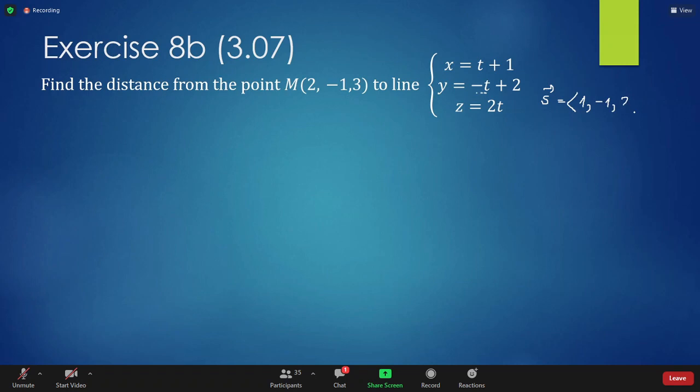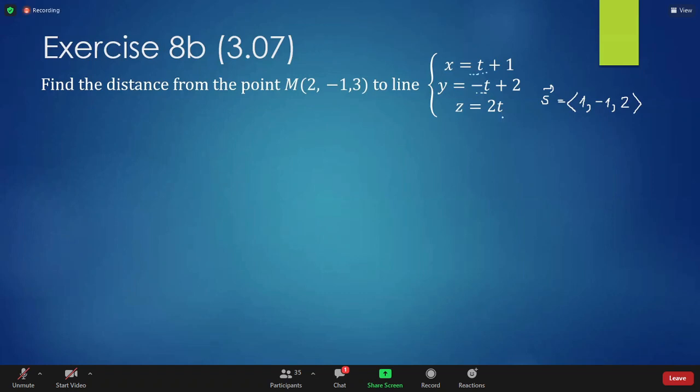Sometimes you would have t plus 1, and sometimes you might have 3 minus 2t. Remember that the direction vector consists of the coefficients at t. And therefore, I have 1, minus 1, 2. I'm looking at the coefficients for the parameter t. So this is the direction vector.